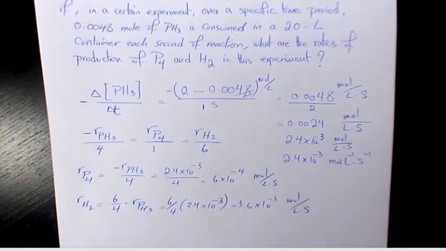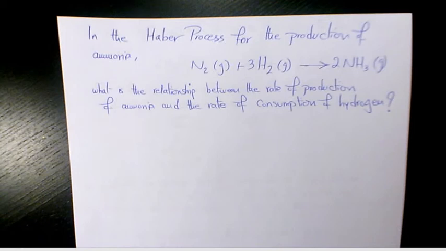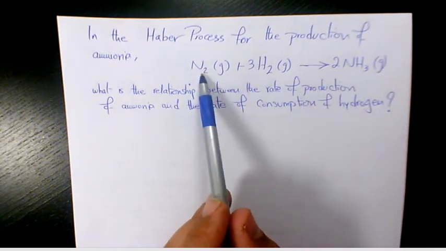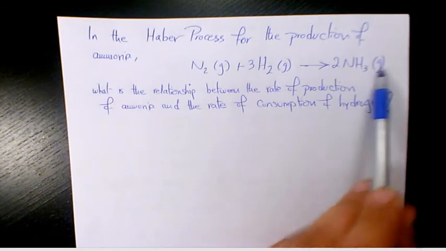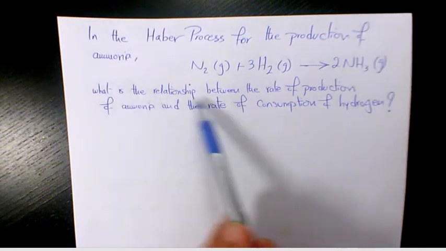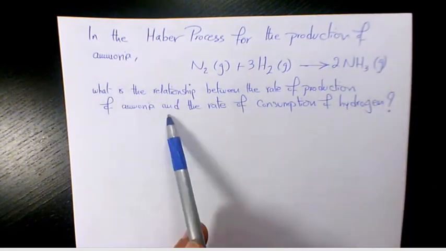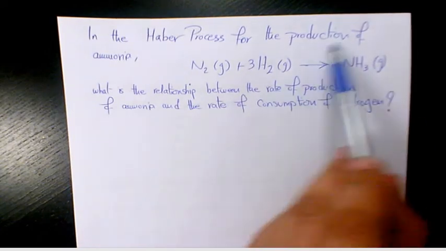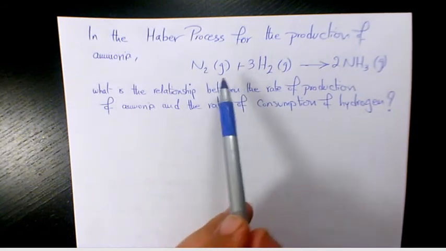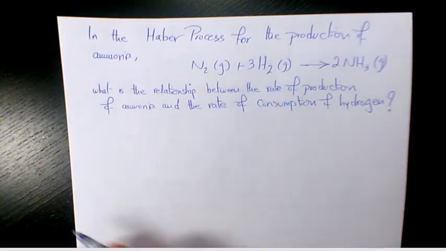Let's see another example. In the Haber process for the production of ammonia, we have this reaction, N2 plus 3H2 gives 2NH3, all in gaseous phase. What is the relationship between the rate of production of ammonia and the rate of consumption of hydrogen?